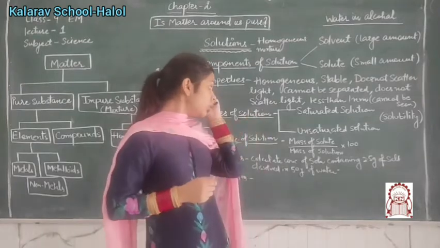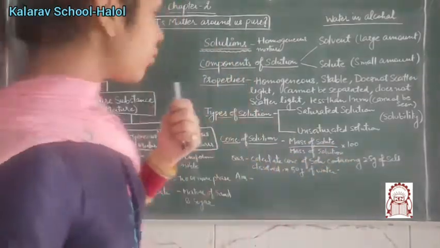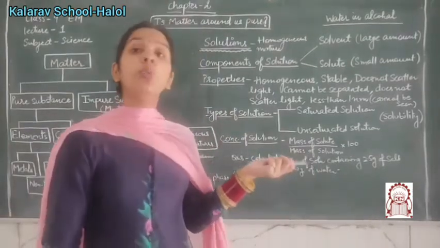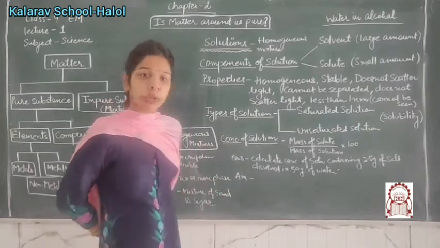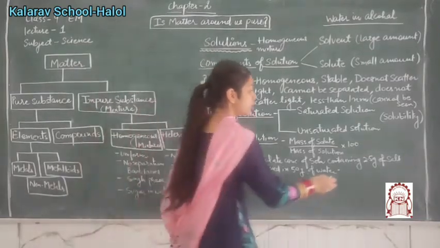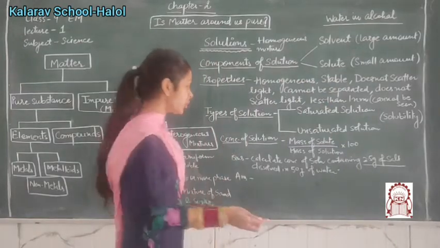So I have given you a numerical: calculate the concentration of a solution containing 2.5 gram of salt dissolved in 50 gram of water. Here, 2.5 gram of salt is the mass of solute.